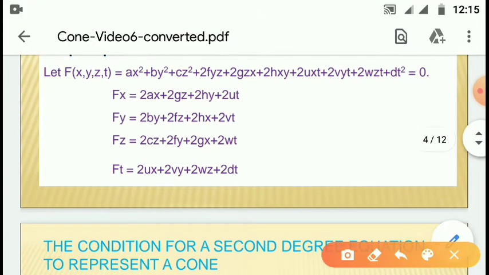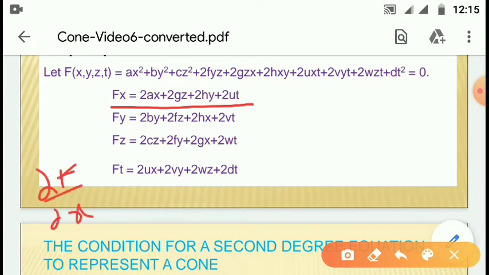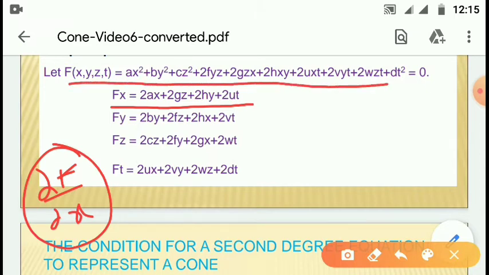So, now fx is nothing but dou f by dou x. Dou f by dou x means differentiate this function with respect to x partially. Whenever we are differentiating with respect to x partially, obviously all variables other than x will be treated as constants.